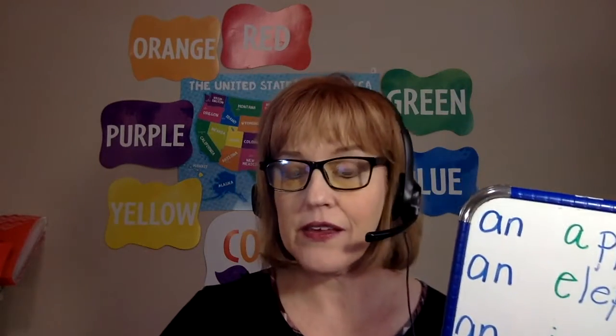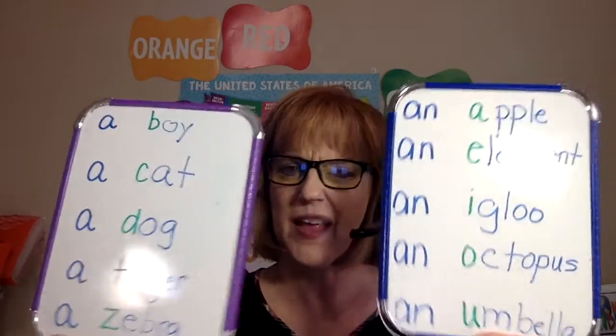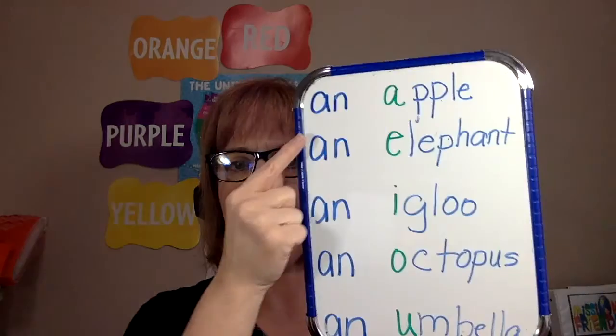I will have these up during class, so when they make a mistake, which is very common in an early language learner, I will hold that up and remind them, oh, that word begins with the letter E. We need to say "an." Now, this has been successful in my classes for most of my students. Most of them are understanding that. And when I have that student over and over again, this is a helpful visual reminder for them.